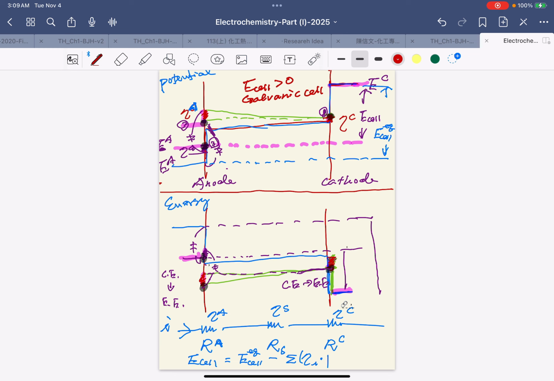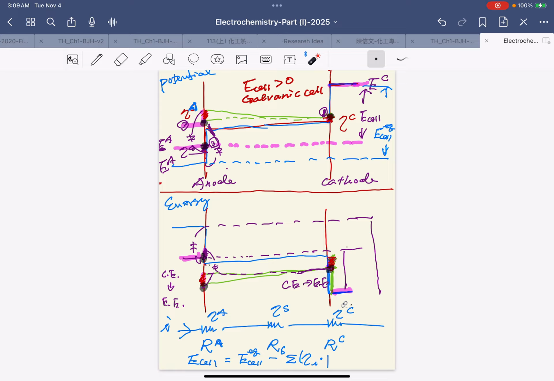Okay, so again we can draw the energy diagram, which you can see from the beginning.